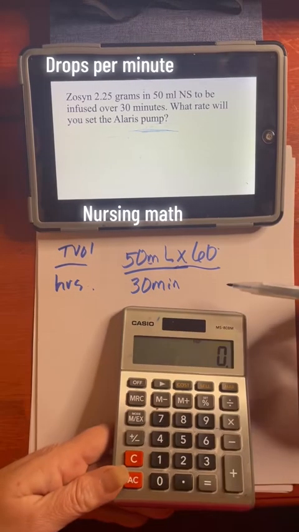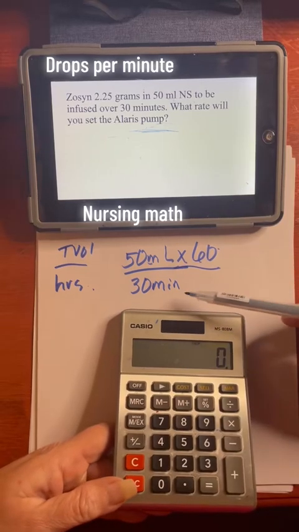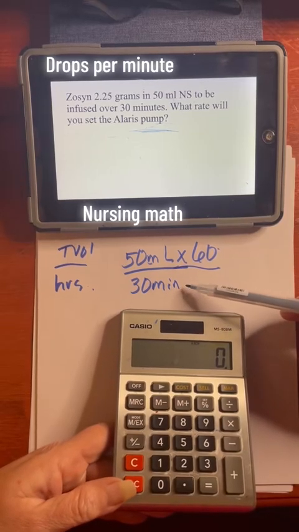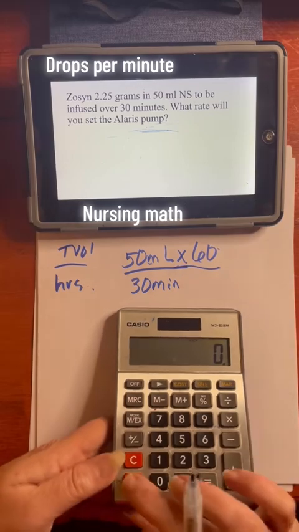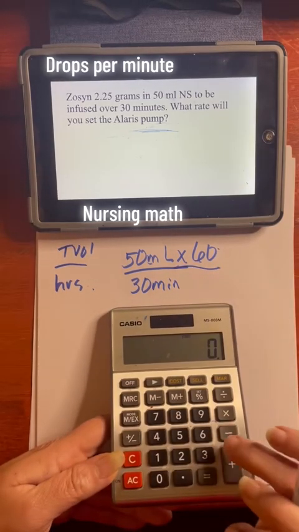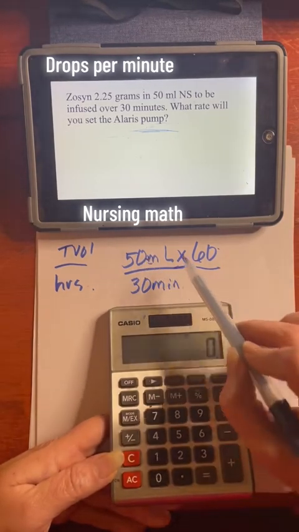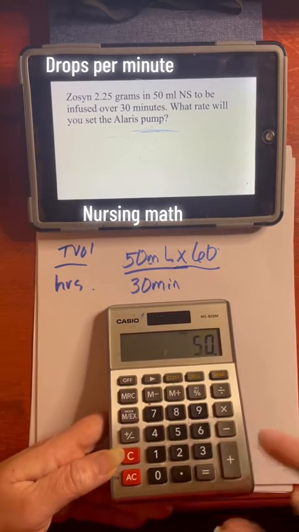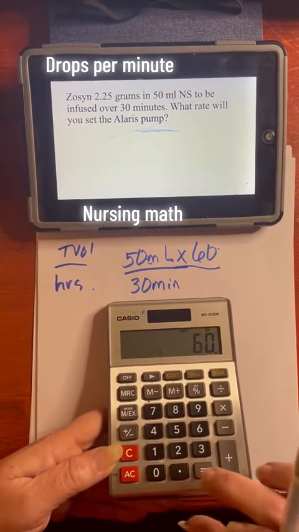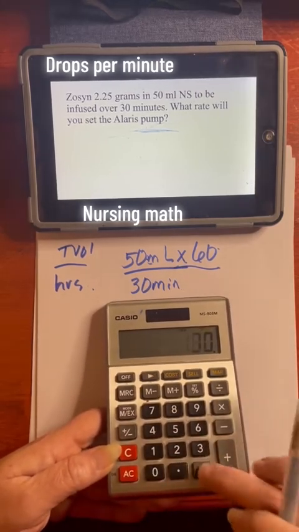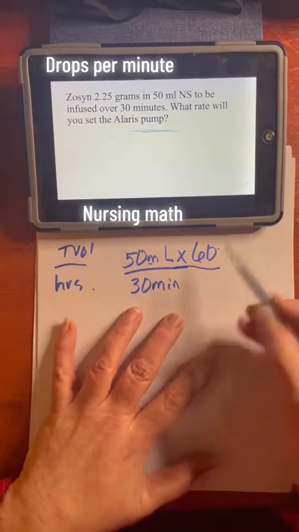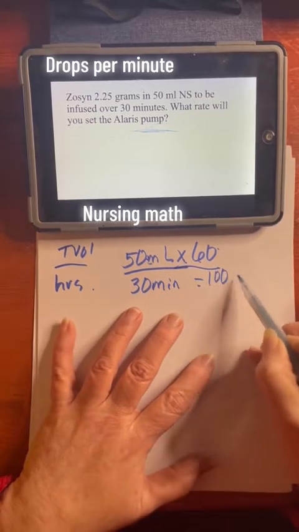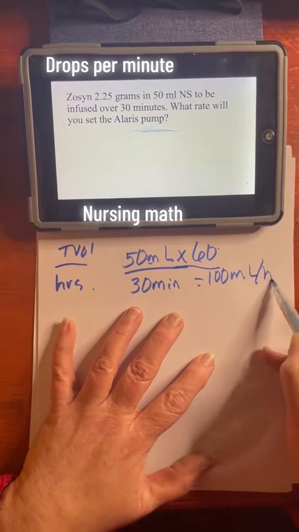If not, just trust me. If it's less than 60 minutes, just put 60 up there and move on with life, okay? So we're doing all the math on the top and then dividing it by 30. Times 60 equals, divided by 30 equals.